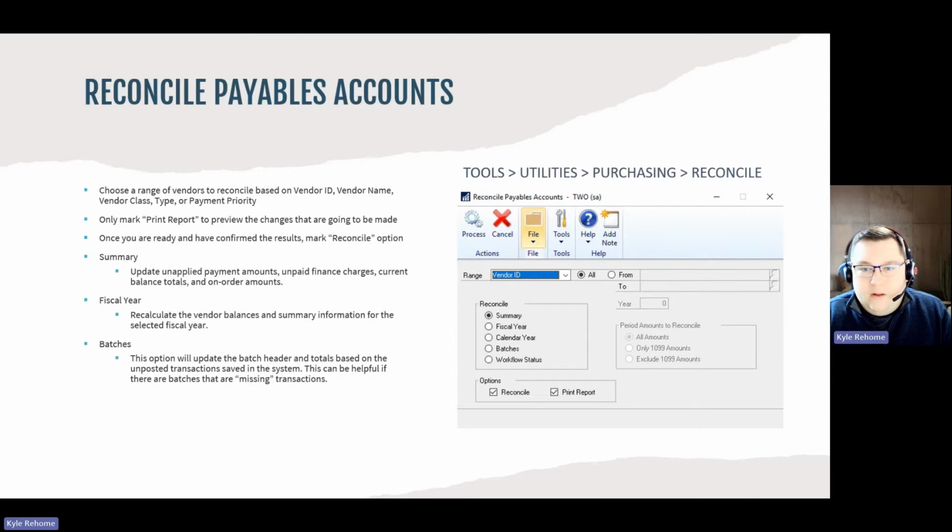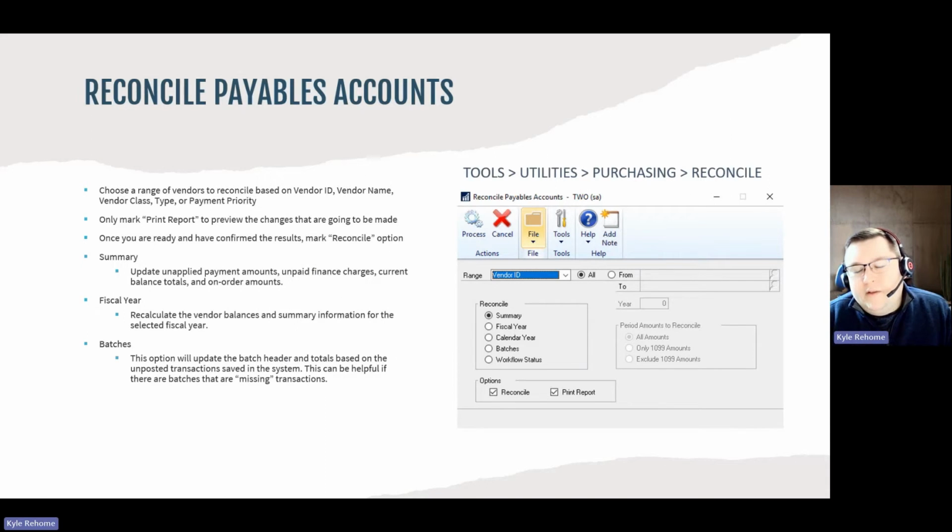You can reconcile one specific vendor ID, or a range of vendors, or all vendors. You could filter by your vendor class, your payment priority, things like that. This window gives us more flexibility in choosing the subset of data that we want to reconcile.